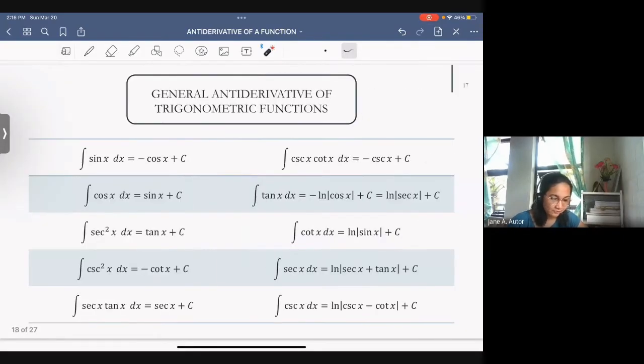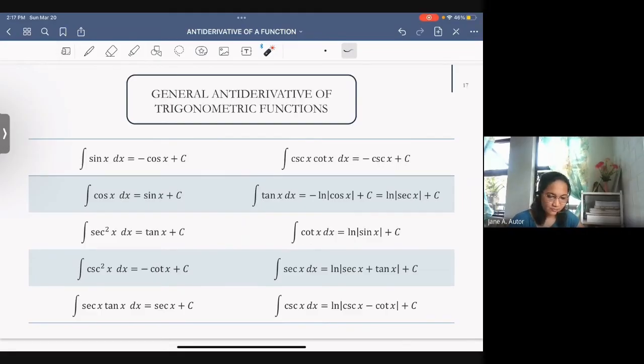We also have the general antiderivative of trigonometric functions. We have for sine, cosine. We also have for tangent x, cotangent, secant. We also have for secant x tangent x, because if you can still remember, the derivative of secant x is secant x tangent x. So, for the antiderivative of secant x tangent x with respect to x, that will be secant x plus c. Alright?